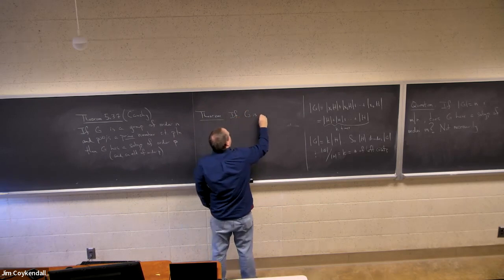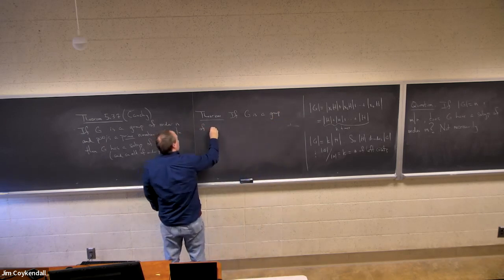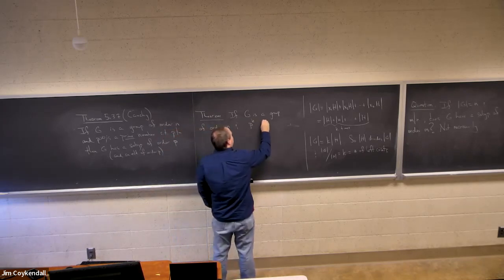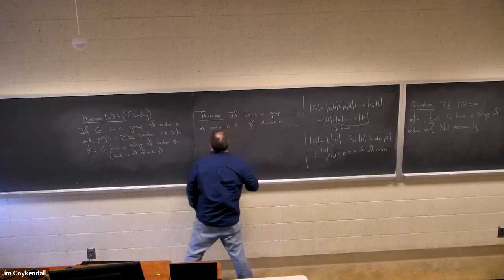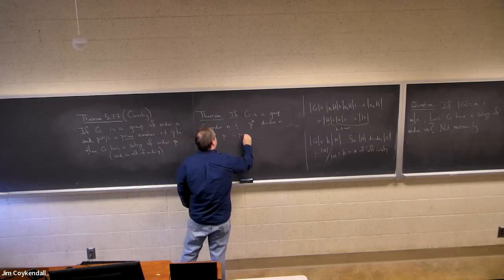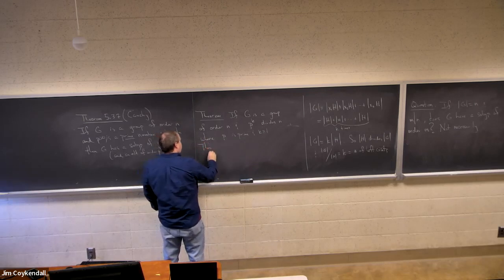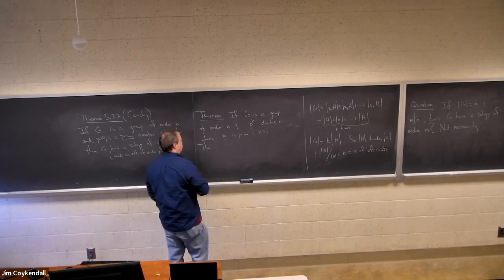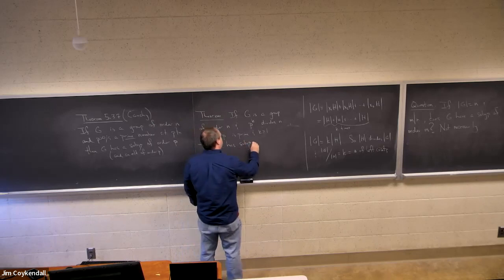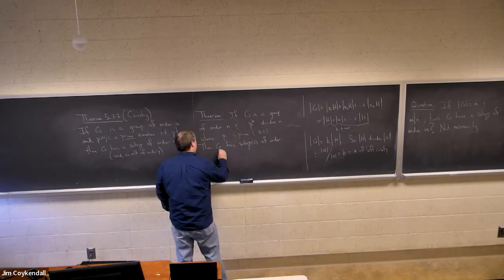If G is a group of order n and p^k divides n, where p is prime and k is greater than 1, then G has subgroups of order p^j.